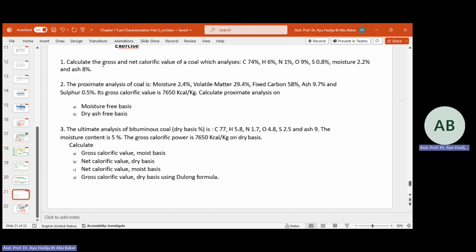It asks you to calculate the gross and net, so GCV and NCV, for a fuel which analyzes C this much, H and O, S, and moisture and also the ash.